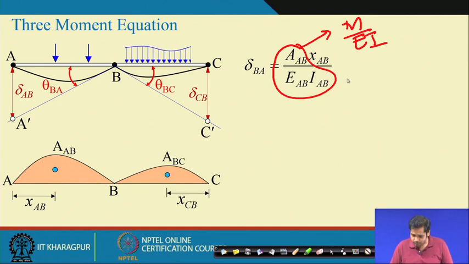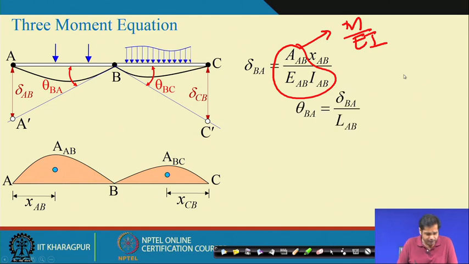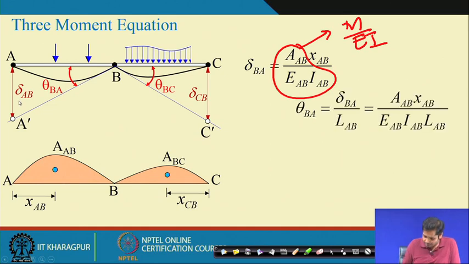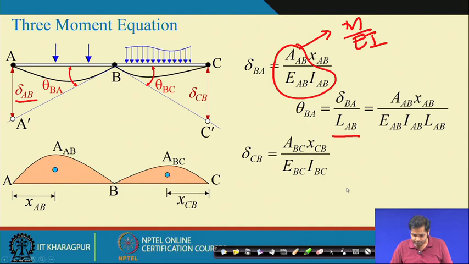Once we have delta BA, the angle can be obtained as delta BA divided by this length, which is L AB. So, theta BA is equal to this. Similarly, we can have delta CB and theta BC is equal to this.